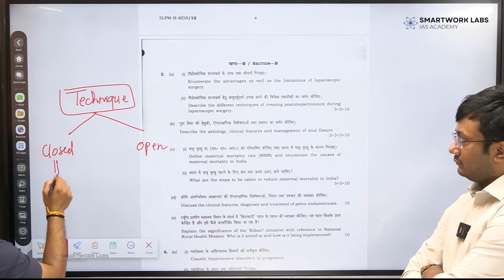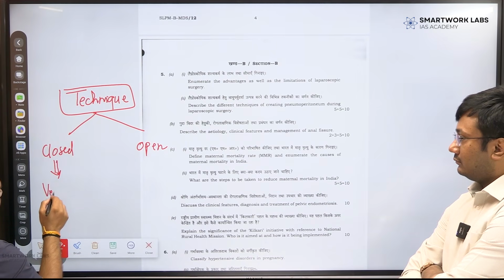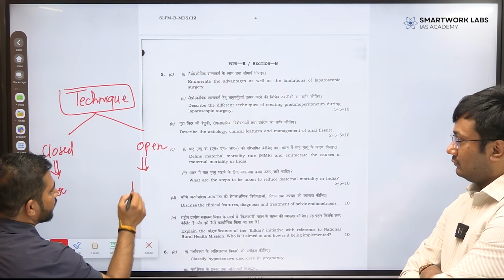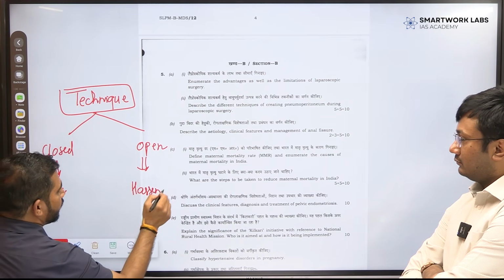In closed technique, we use a needle known as Veress needle. In open technique, we use the Hassan method.